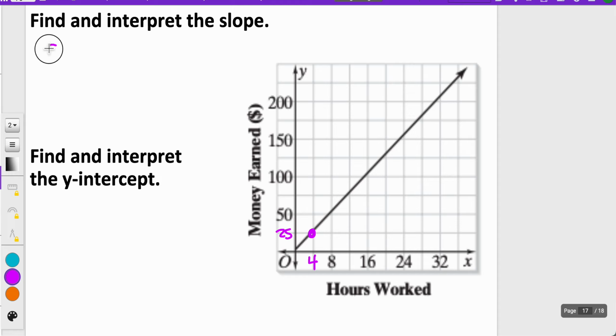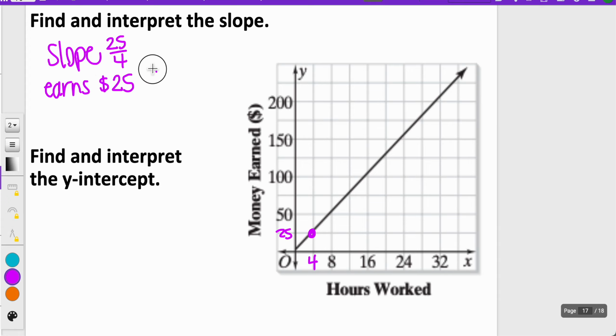So my slope is 25 over 4. Interpreting that just means earns $25 for 4 hours of work. Okay?